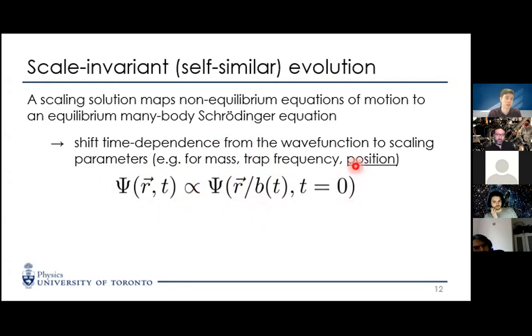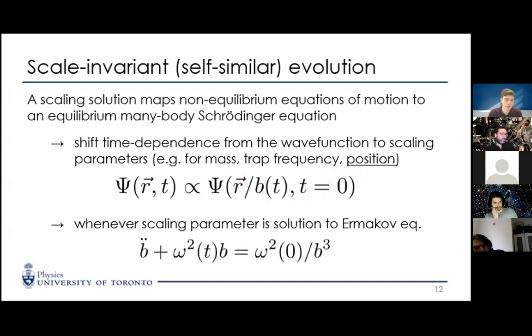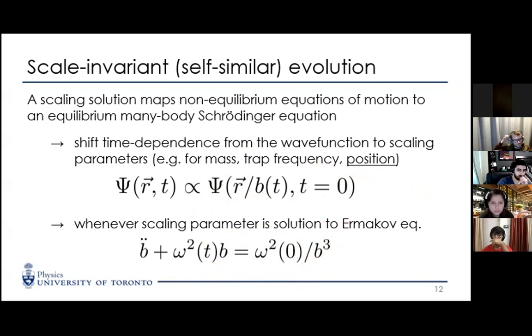So we're starting in an equilibrium condition at t equals 0. So if we can solve an equilibrium scenario, a time-independent equation of motion, and then solve a time-dependent equation for particular scaling parameters, we have a scale-invariant solution.